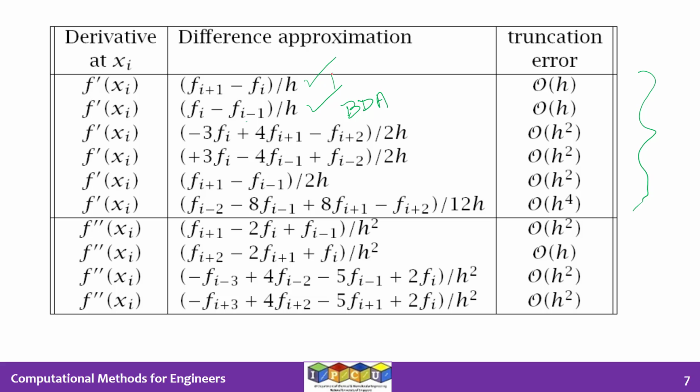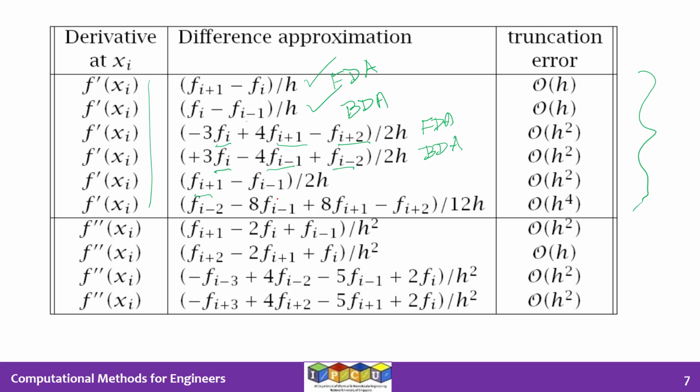Whereas the first one, with i plus 1 and i plus 2, is forward difference approximation. This one, we are still computing the derivative at x is equal to xi. But the indices used are fi minus 1 and fi minus 2. So we are going backwards. Therefore, this is a backward difference approximation.